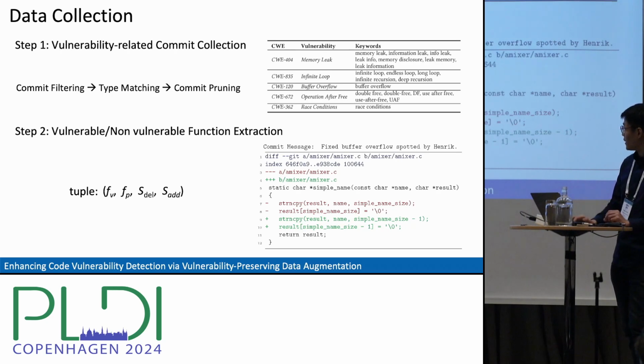In all, we have collected 5 types of CWE vulnerability data, including CWE 404, 835, 120, 672, and 362. For each type of CWE, there are several keywords to help us retrieve the vulnerability-related commits through message matching.